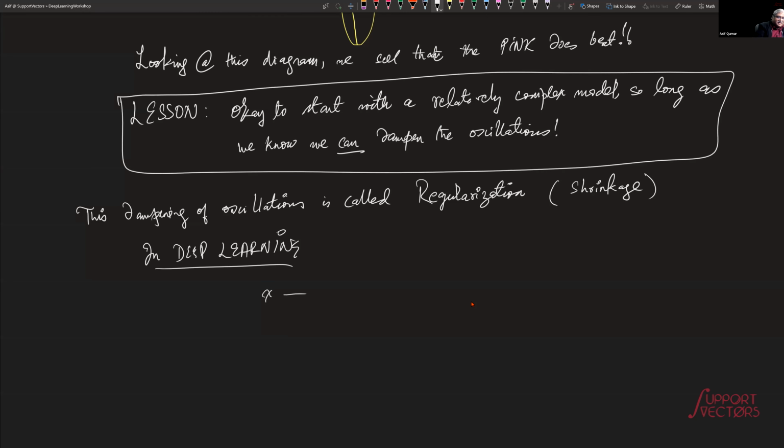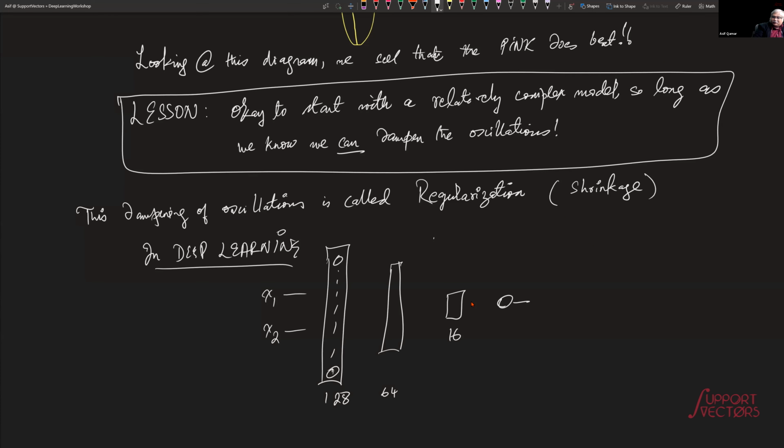So suppose you have input x1 and x2 or whatever, and then it goes into the first hidden layer of 128, let us say, and then the second hidden layer of 64, and then the third hidden layer, which is smaller. This was the example that we took, and I believe the third hidden layer was 16, and then finally I think I took a single variable output.